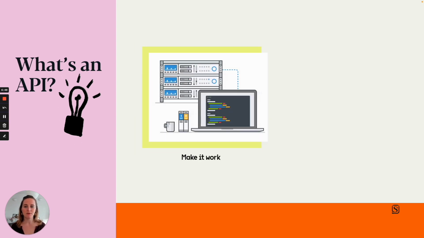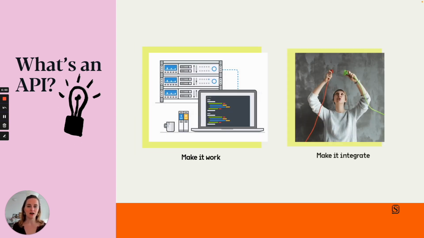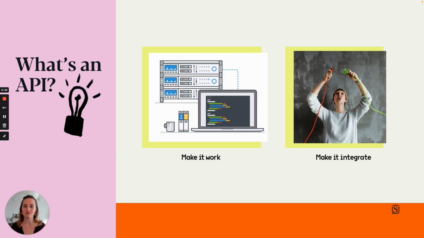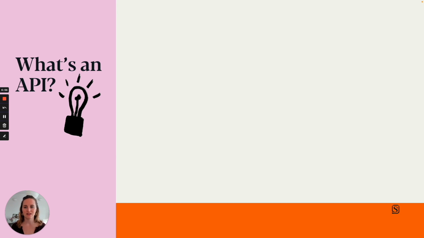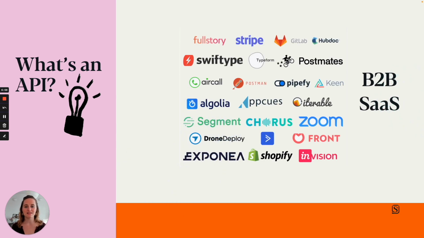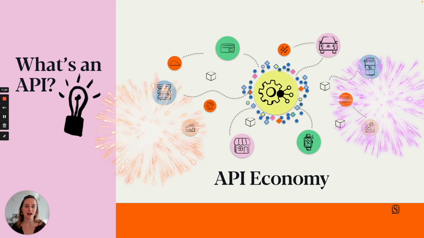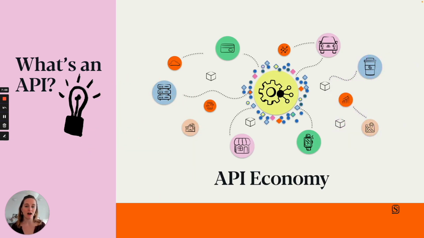Basically, some APIs make software work, and other APIs allow for the sharing of data to other computing machines or software applications. In the business-to-business software as a service, aka the B2B SaaS world, APIs open products up for integration and innovation, and this drives what's been dubbed the API economy for businesses. And that is the gist of APIs.